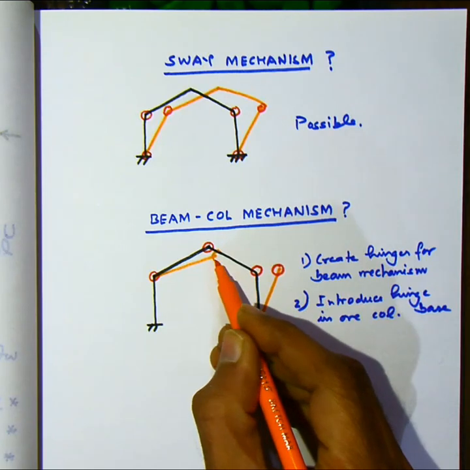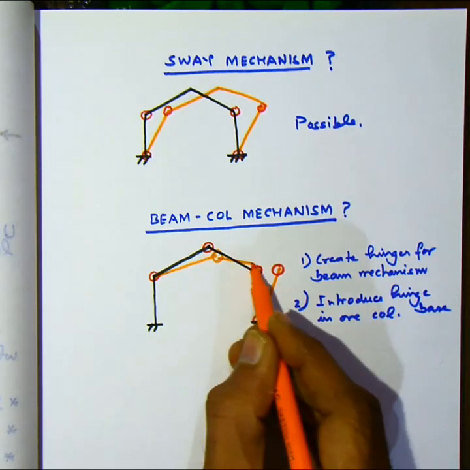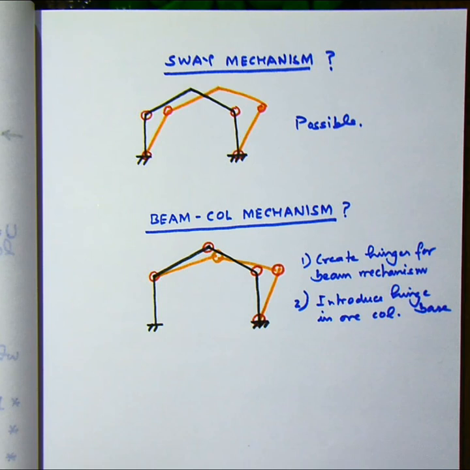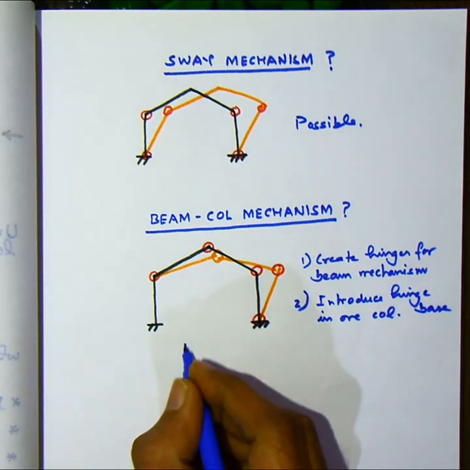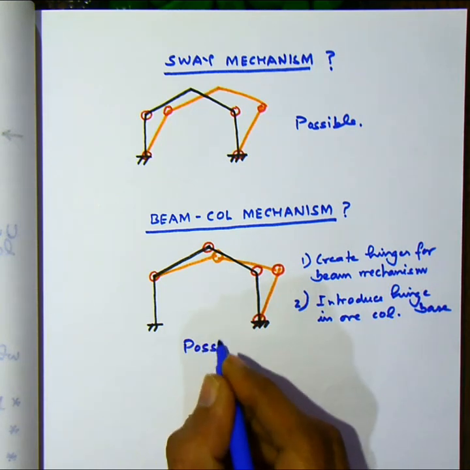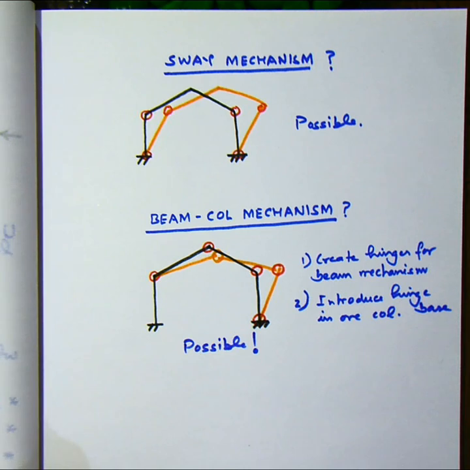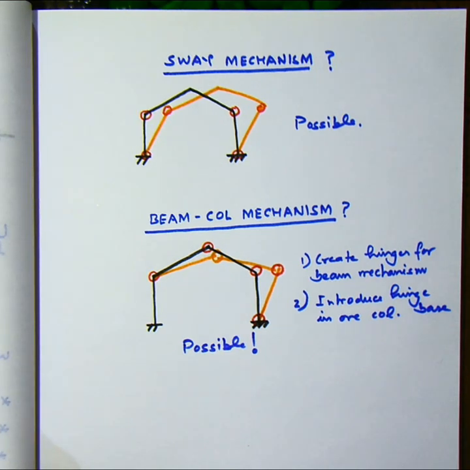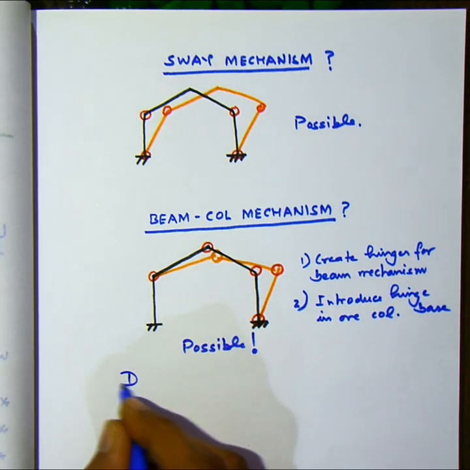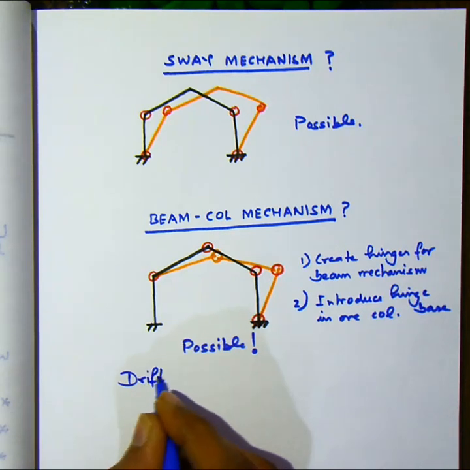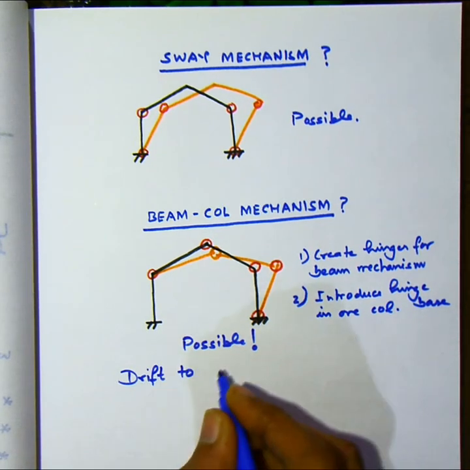The answer is no, it is no longer a stable structure, and it will drift like this to the right. The remaining structure will just collapse like this. But now here we are showing that it is drifting to the right. Can it drift to the left? That is one question.